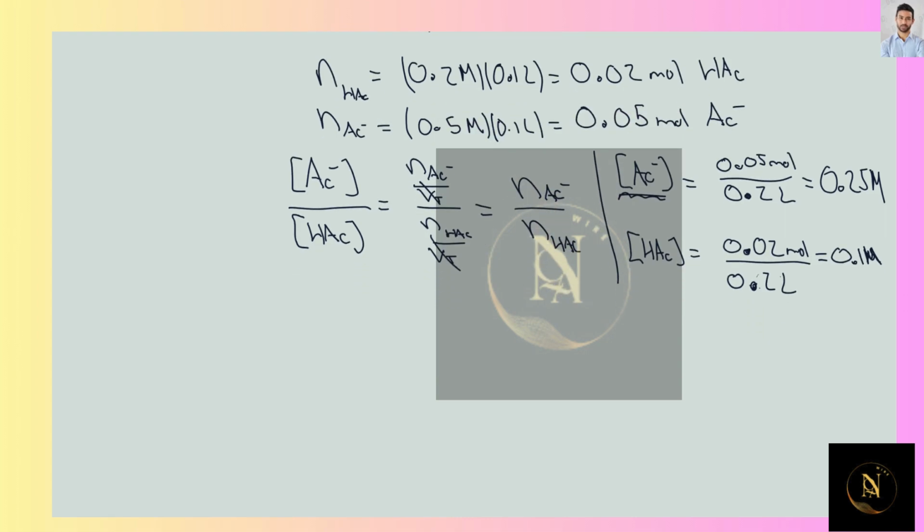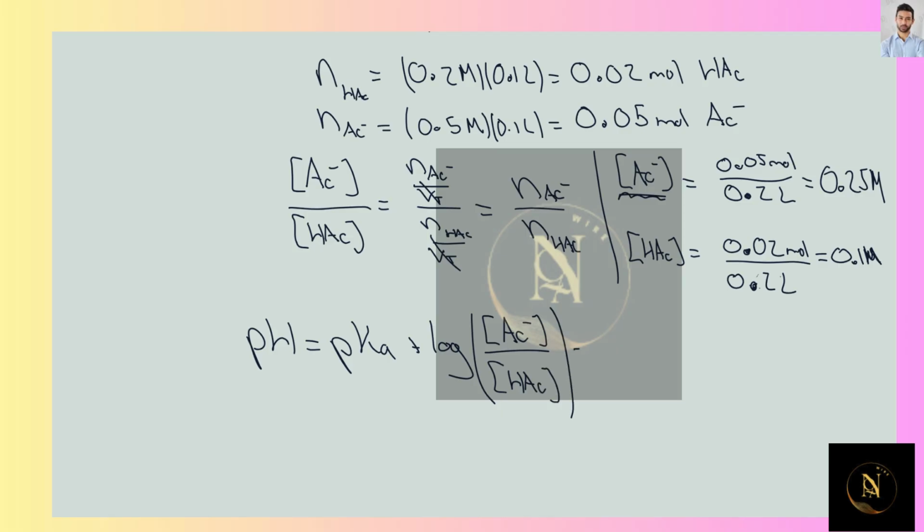So in order to get the pH of this buffer, as I said, we're going to employ the Henderson-Hasselbalch equation. pH is equal to pKa plus logarithm of the concentration of the conjugate base, that is the acetate, divided by the concentration of the weak acid, that is the acetic acid. The pKa for acetic acid turns out to be 4.76. This value you can look up in tables.